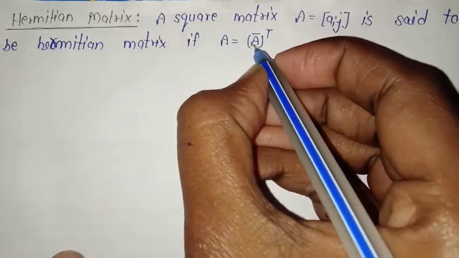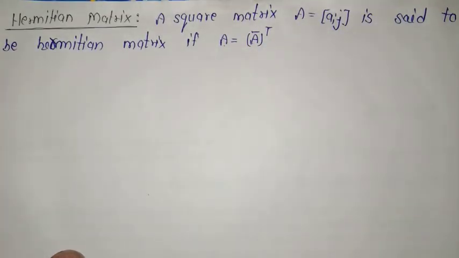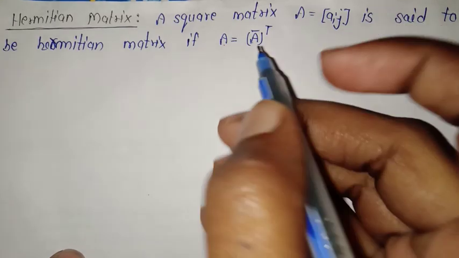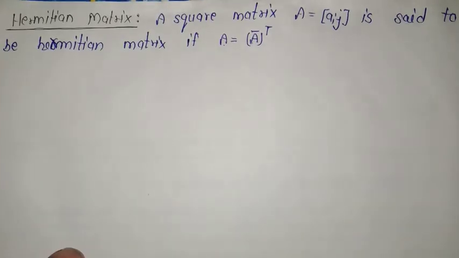So if the conjugated transpose of A is equal to the given matrix A, we call that the matrix is a Hermitian matrix. In this case, the matrix can have complex entries, so that's why we take the conjugate; the imaginary value becomes negative after taking the conjugate, and if it is negative it becomes positive.